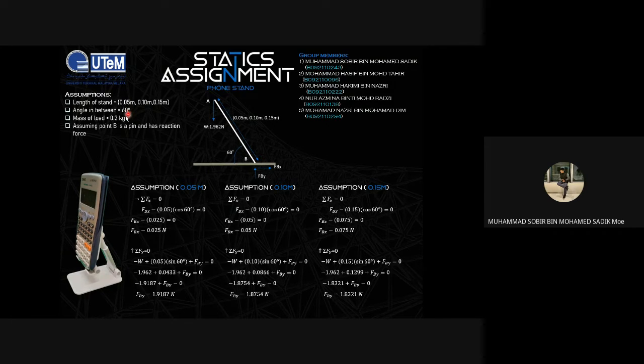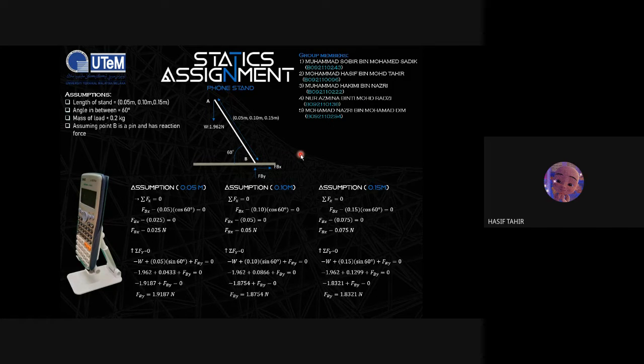Next, we assume the mass of the load is 0.2 kg because of the average mass of a phone. Point B is a pin and it has reaction force at the x-axis and y-axis. Next, I would like to pass the presentation to my fellow member Hasif.